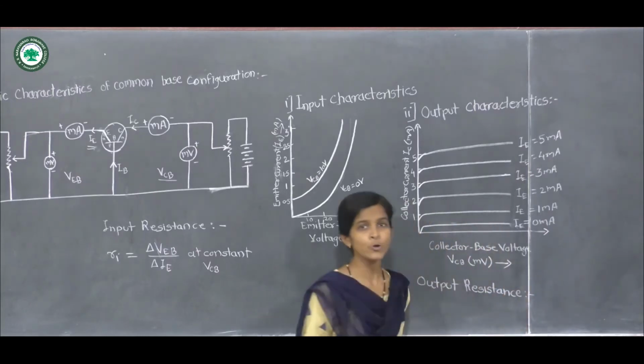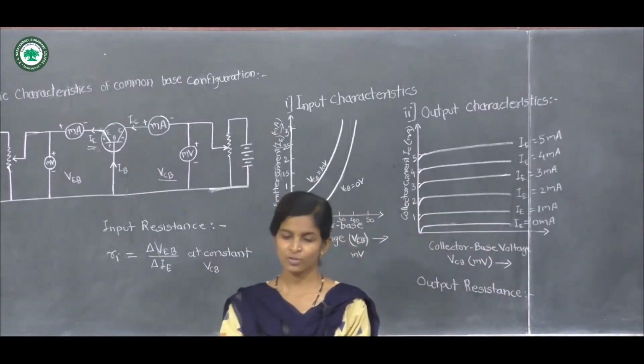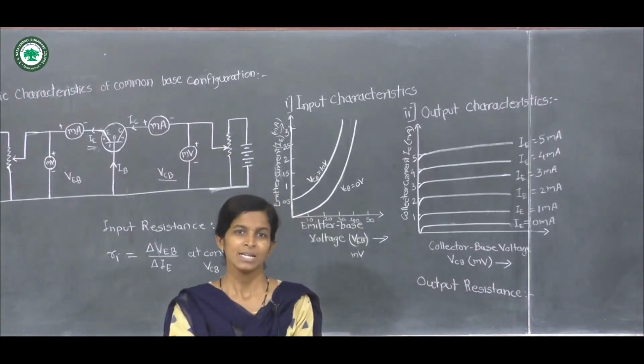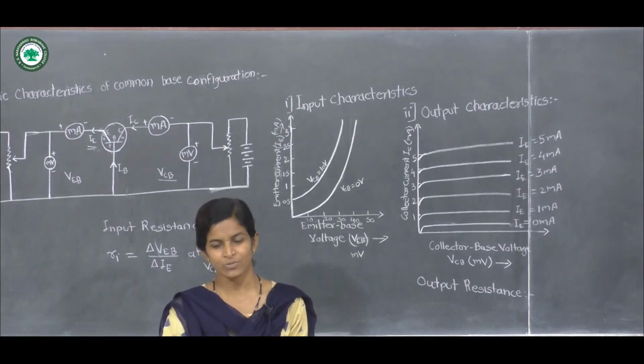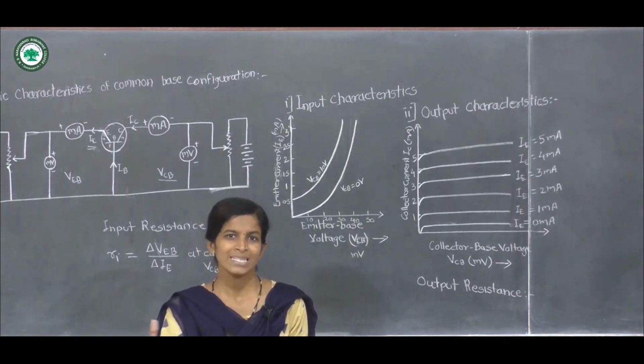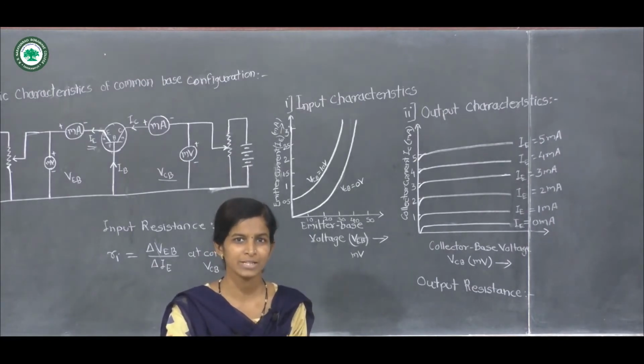So output resistance of the common base configuration is nothing but the change in collector base voltage with respect to change in collector current at constant emitter current.